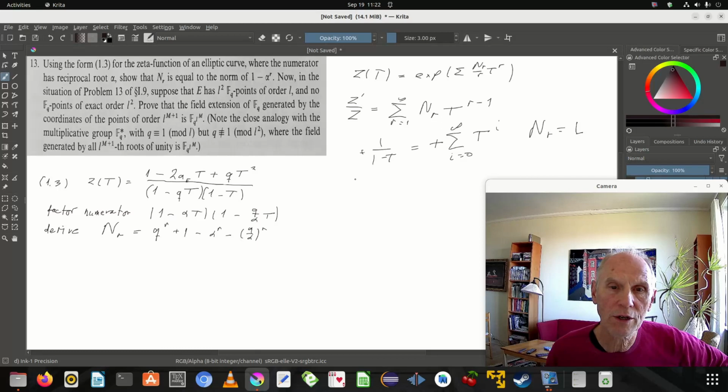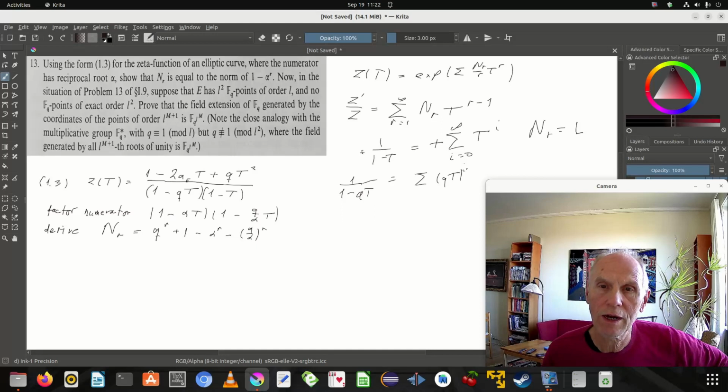And if we take 1 minus qt, so when I is 0, it becomes q to 0, it's unity.